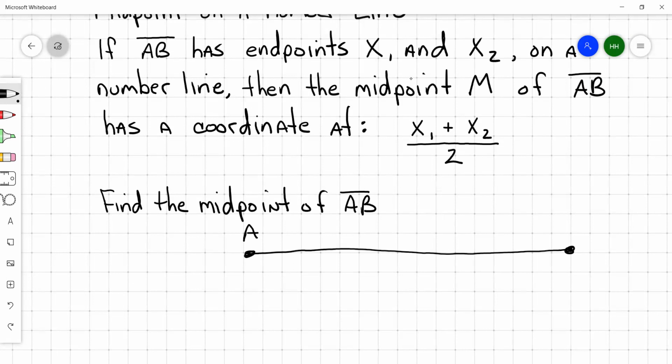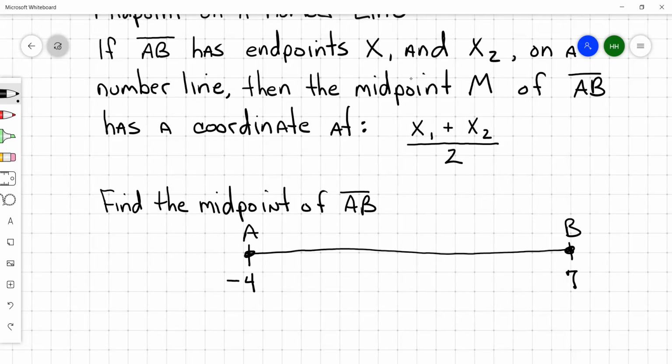If you're asked to find the midpoint of segment AB, and it has coordinates, let's say that A is at -4 and B is at 7. In order to find the midpoint, the formula says to take the two endpoints, add them together and divide by 2. All right.